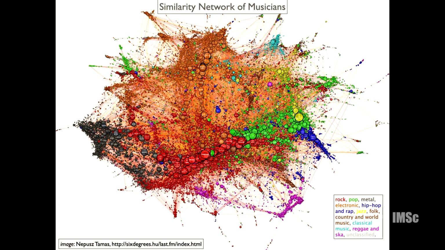I think the size of the circle represents how popular they are, how many listens they get. The color corresponds to the genre of music. You can see there is a kind of clustering based on genre, although it's not entirely contiguous. You see the green is split into various compartments and so on.